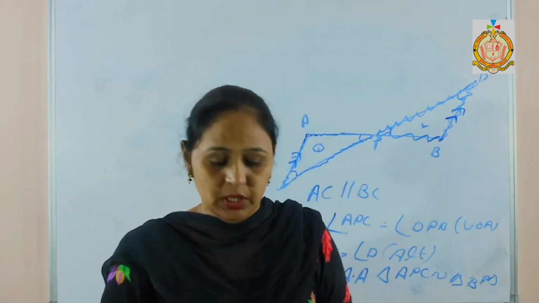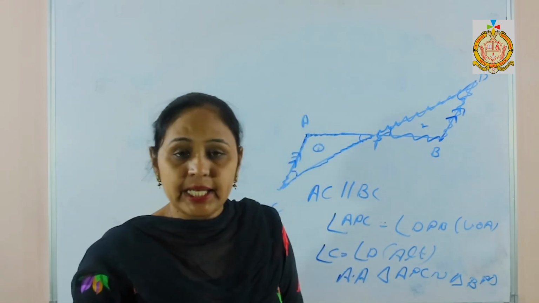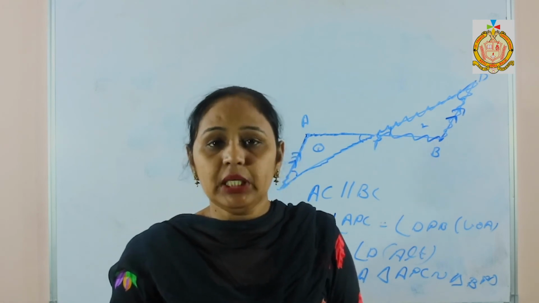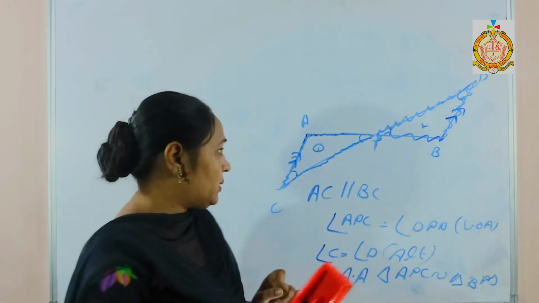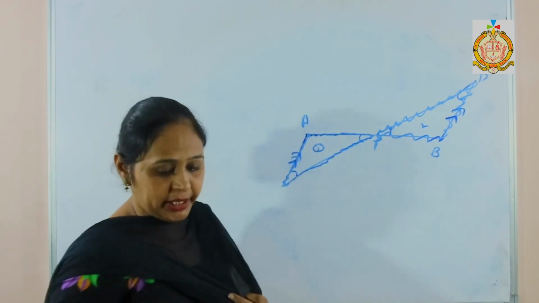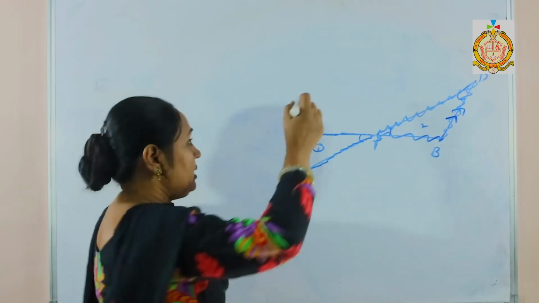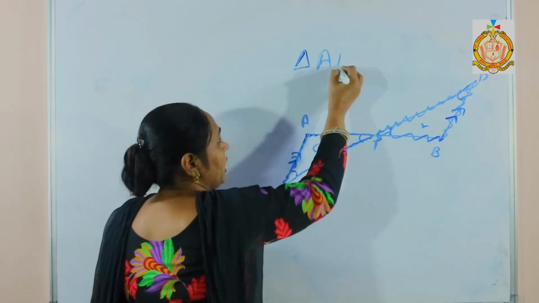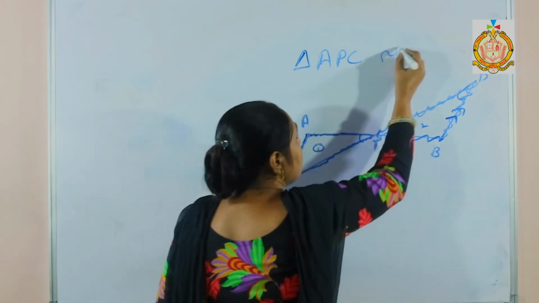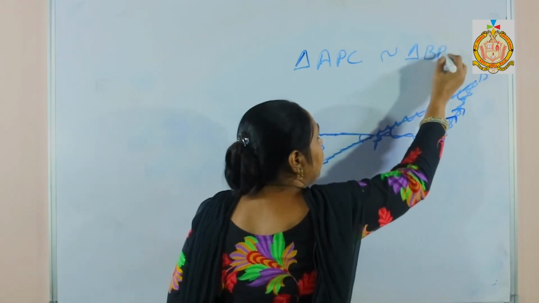The first part is proved. Then you see the value of BD is given, the value of AC is given, PD is given, and we have to find PA and PC. Two lengths we have to find. Now how can we write? Given triangle names, first APC and the other triangle BPD.